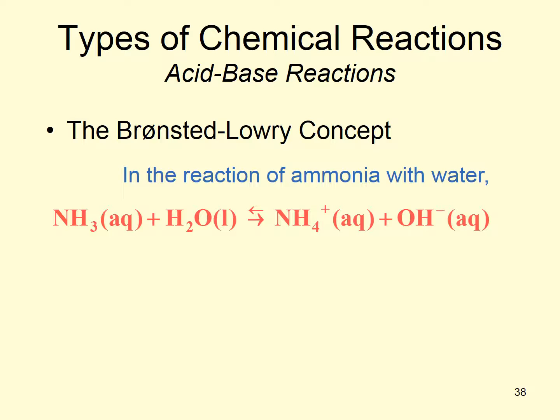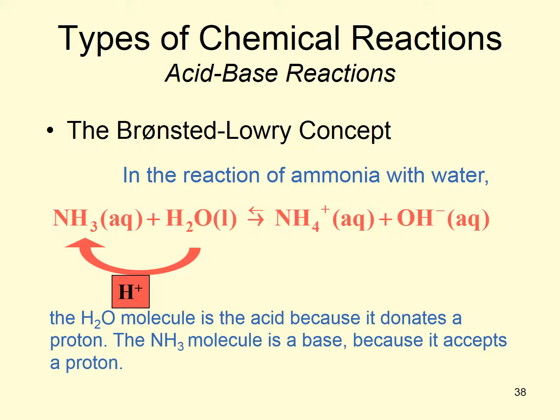It has gained an H plus, and the H2O, to go to OH negative, has given up an H plus. So an H plus has transferred from the H2O to the NH3. So H2O will be the acid because it's the thing that donates the H plus, and NH3 is the base because it accepts the proton. Okay.